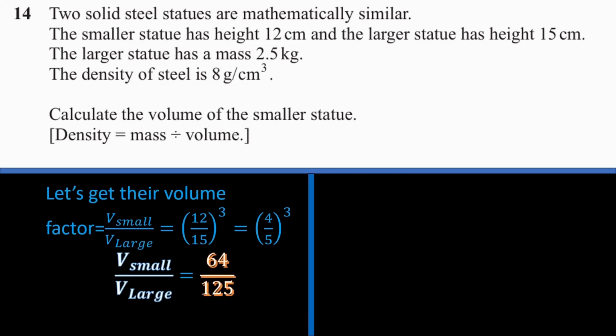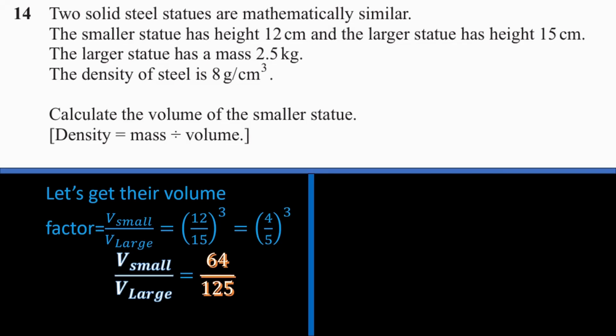We just raise it to power 3. That turns it to volume factor. And of course, 12 over 15, when you write that fraction in its lowest terms, it gives you 4 over 5. That is, if you use 3 to divide 12, you get 4, and you use 3 to divide 15, you get 5.